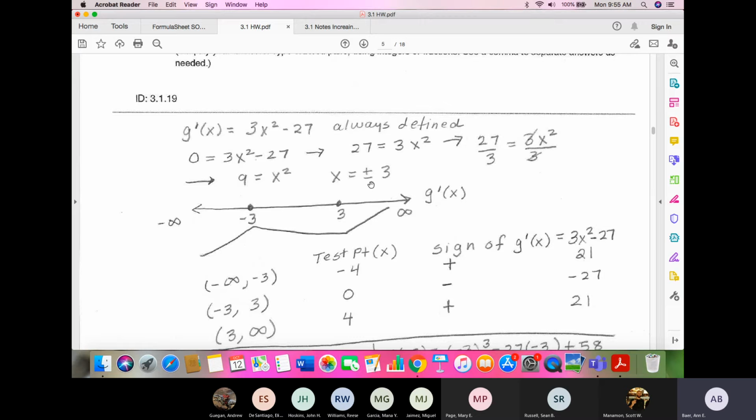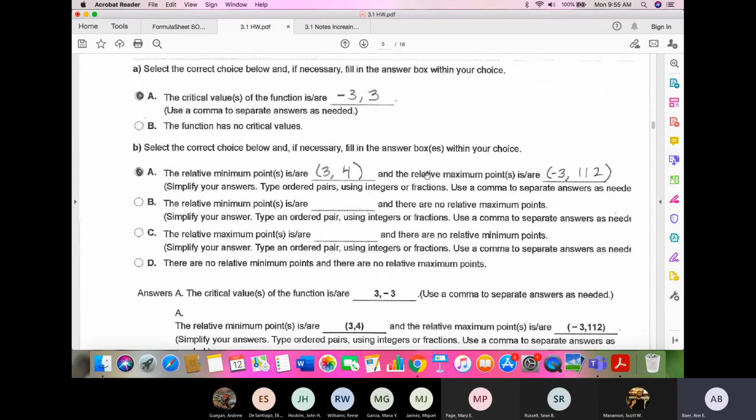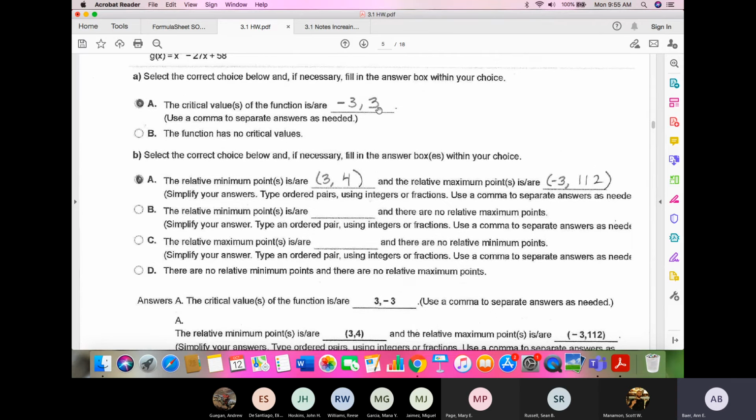Since we're solving for x, we want to put the plus or minus with the 3. So we have 2 critical numbers here. Our critical numbers are -3 and +3.